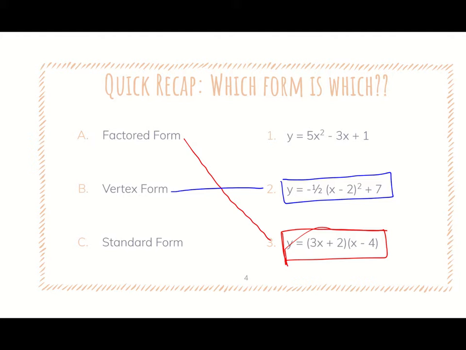Lastly, we have standard form, the most recent form that we've been working with, and that would go up here. Standard form is what we've worked with probably the most, where we have ax squared plus bx plus c. So hopefully we can at least identify what form goes with what name. Factored form is our parentheses. Vertex form is when we have our parentheses squared and add or subtract a value after that. And standard form is ax squared plus bx plus c.